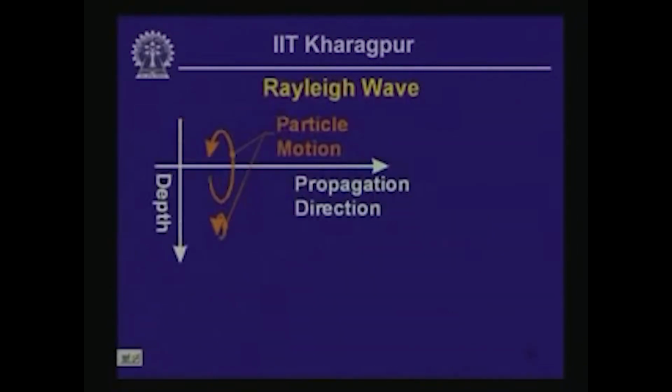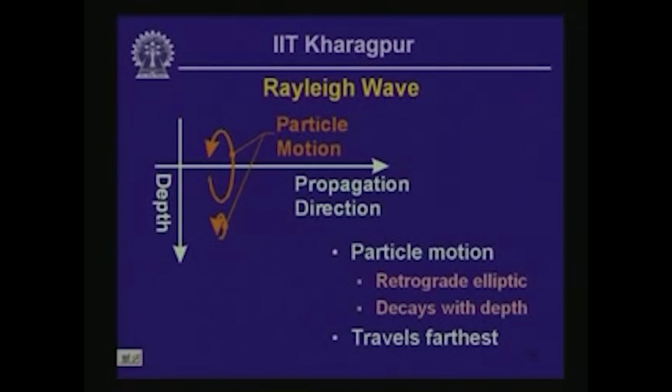In Rayleigh wave, you have retrograde particle motion taking place in an elliptical manner like that, and the intensity of motion decays as you go deeper from the surface of the earth.